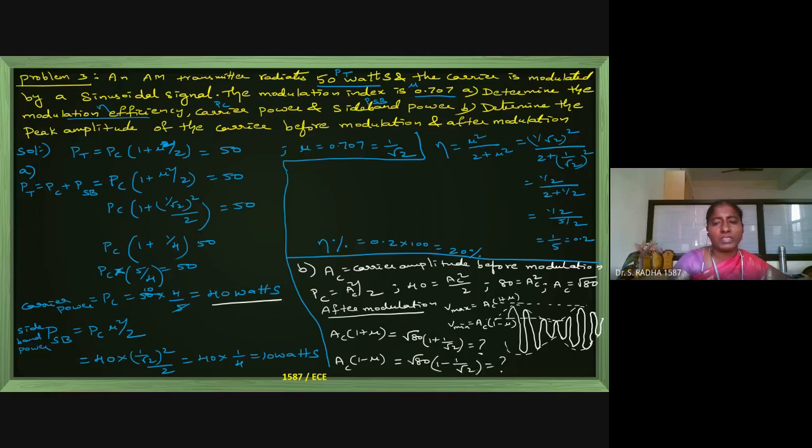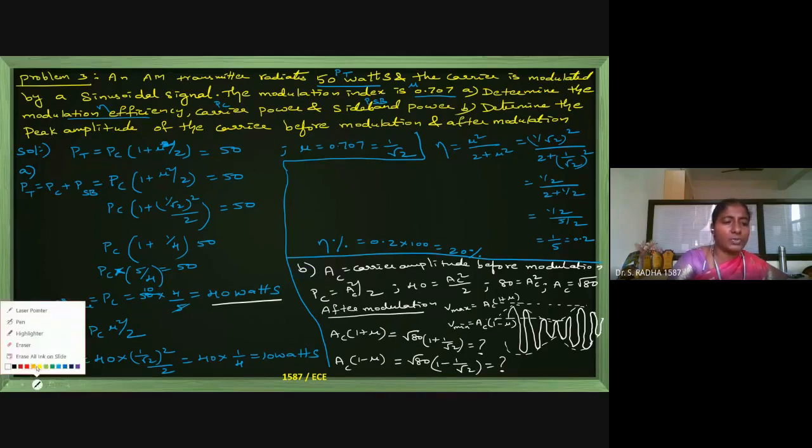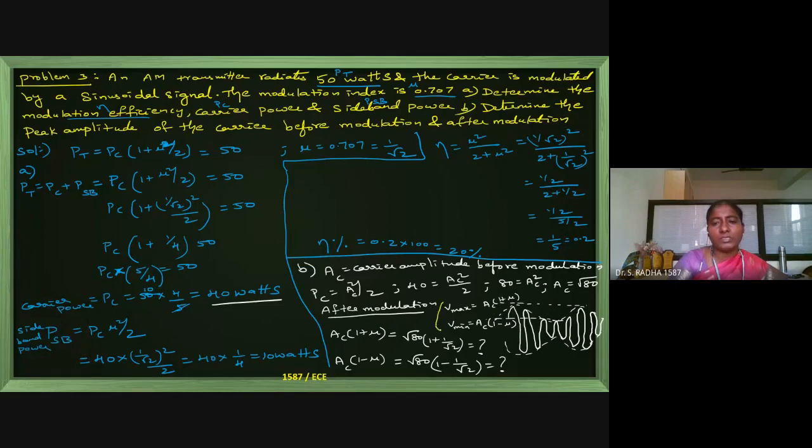Find the answer. I am leaving some calculations to you, so you can check and verify. This is V maximum and this is V minimum, the carrier amplitude after modulation.